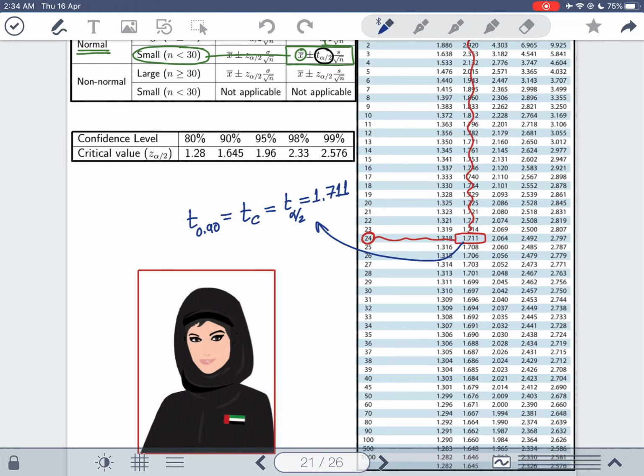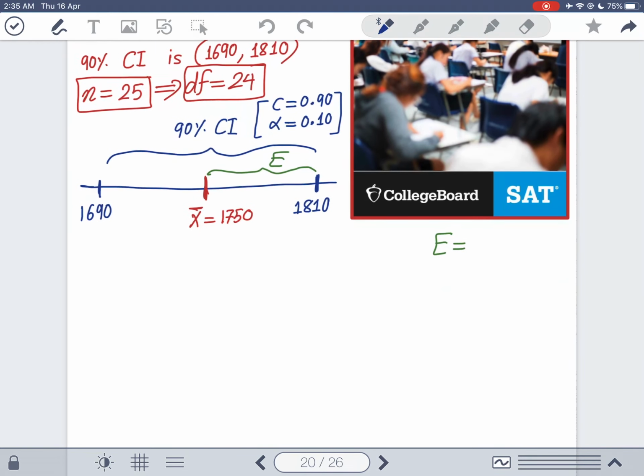So you write it like this: t sub 0.90. Or if you use t sub alpha over 2, remember alpha is 10%, so alpha over 2 will be 5%. Either you choose this or this, doesn't matter. So 1.711. I will record this because we will use it.